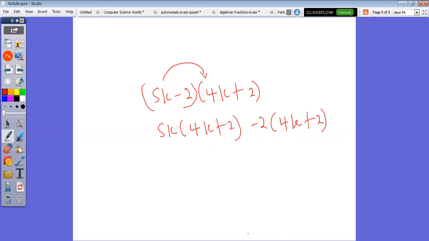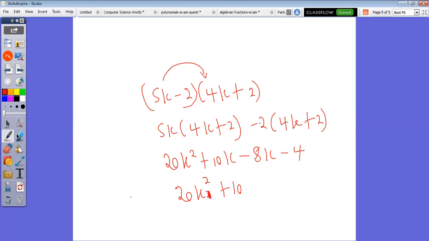I'm sure you are writing those examples as we are doing that. It's good for your revision. Now, if we multiply these two, we get 20k squared. Then multiply that, we get 10k. Then multiply these two, we get minus 8k. Negative times a positive is a minus 4. Then we get 20k squared, sorry, 20k squared plus 20.